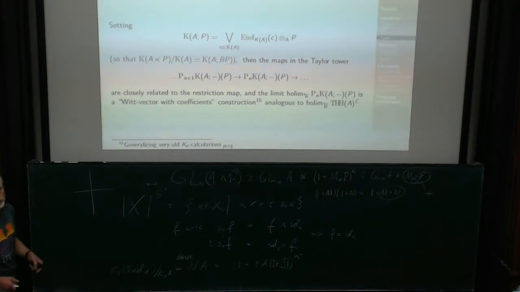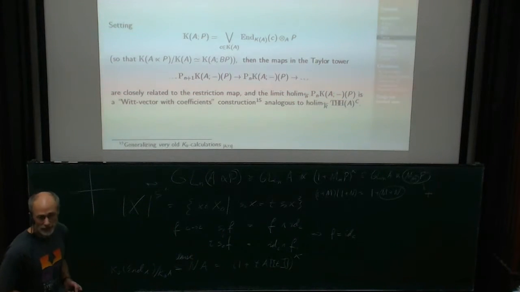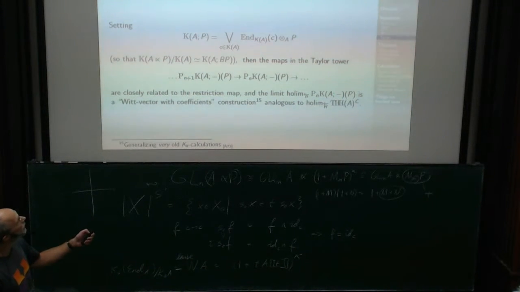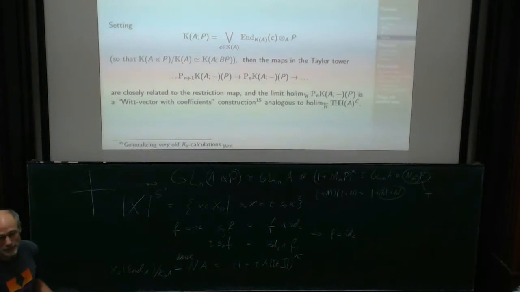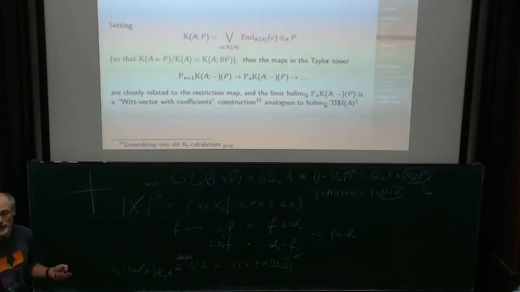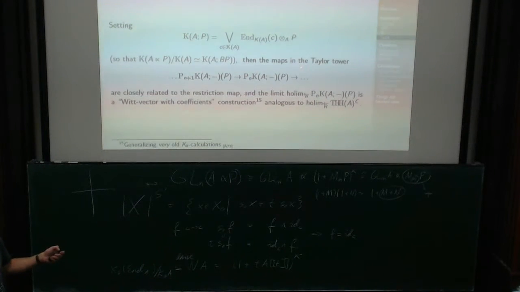Sorry, I always thought K(A;P) is the category of morphisms from C to C tensor P. Yes, that is the same. But then I would have to change this thing here, so I didn't. But it's the same as what you were thinking. The problem is that I haven't claimed that this is a projective A-module.